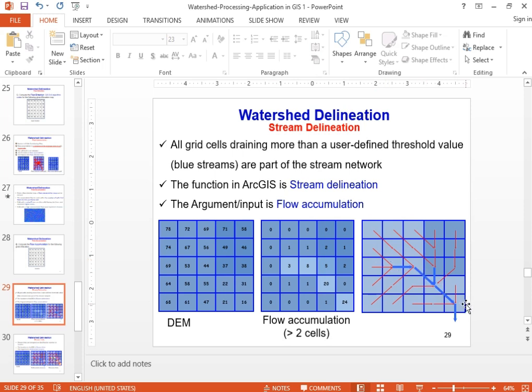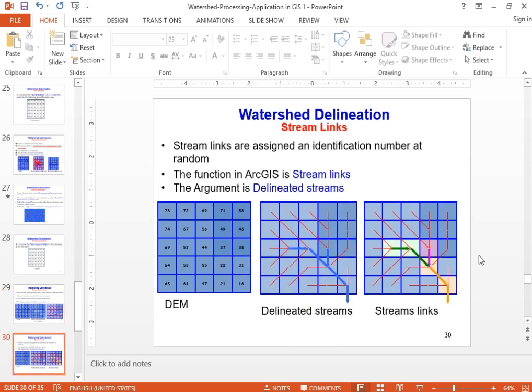If you see here, for instance, those are the small rivers that contribute to the larger one, and we can say that those are the streams. Stream delineation is helpful in order to get such types of rivers, as well as stream links.